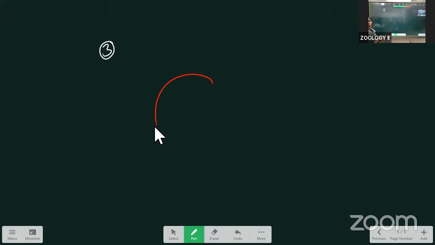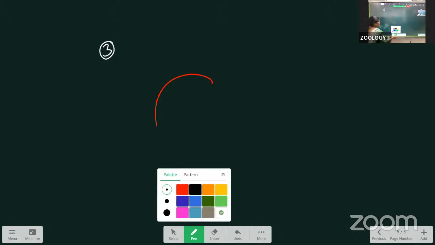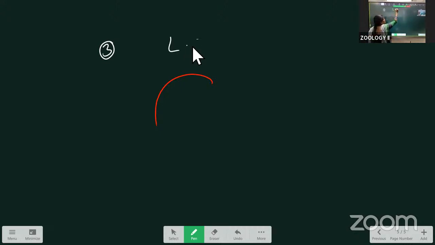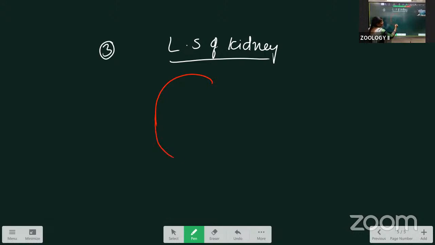Just observe the diagram, then you will find it easy. See how I am drawing the diagram. These are the simplest diagrams.